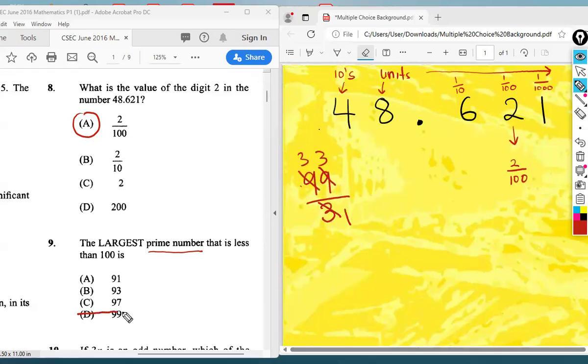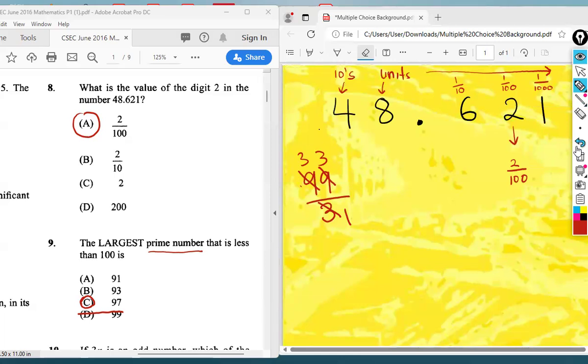So 99 is not a prime number. The answer would be C. 97 can only be divided by 97 itself and 1. There are no other numbers that could go into 97 flush or without leaving a remainder. All right, so number 8 is A. Number 9 is C.